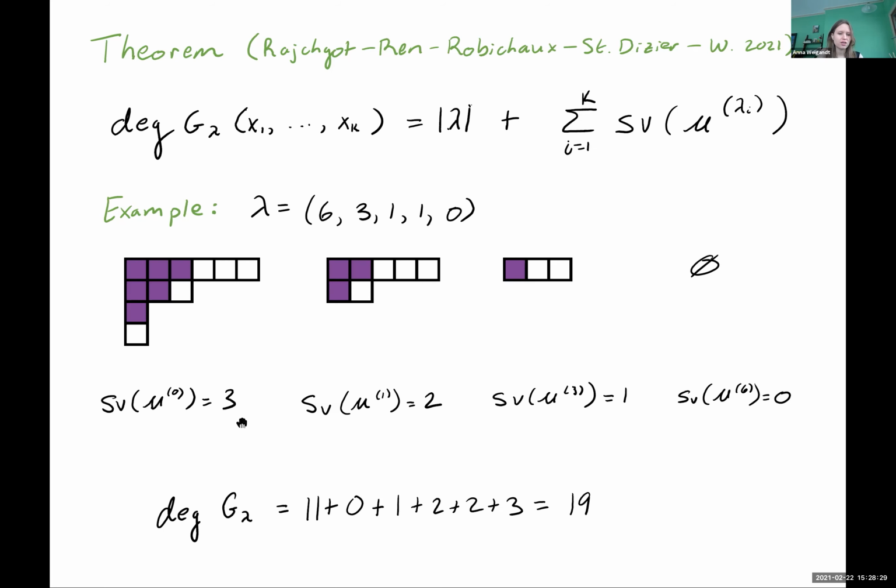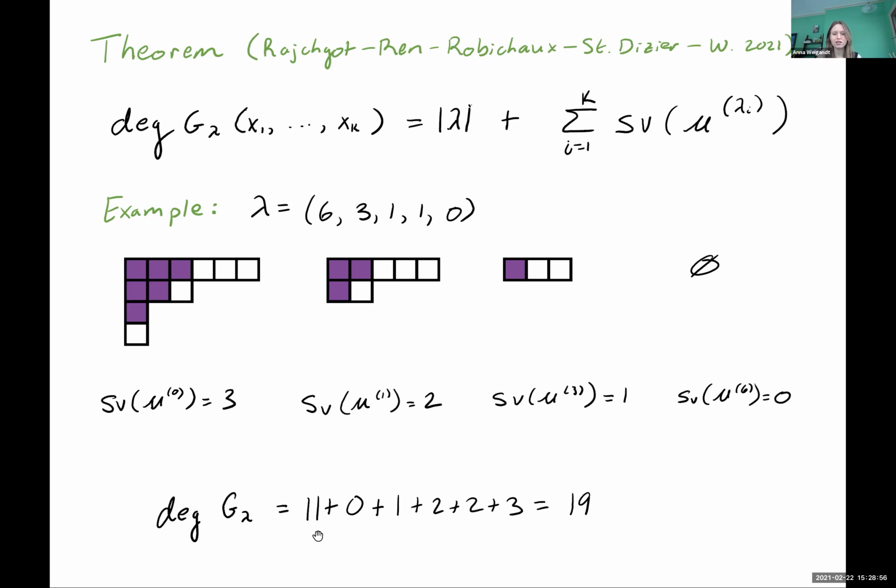So this has 3, and then we have a staircase of size 2 when we throw away the first column. And when we throw away the first 3 columns, because we have this part 3, we get a 1. We could throw away all the columns and we get an empty partition. No Sylvester triangle fits in the empty partition. And so we start adding up over these parts.